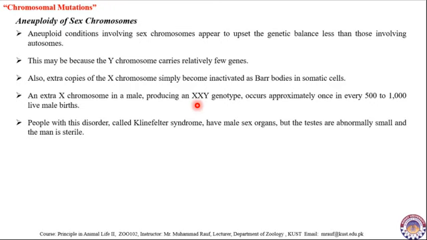So Klinefelter syndrome is aneuploidy in sex chromosomes, and it is a trisomy where one of the chromosomes is in excess. So the male individuals affected with this condition have male sex organs, but the testes are abnormally small and the man is sterile.